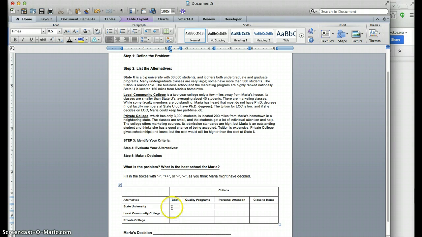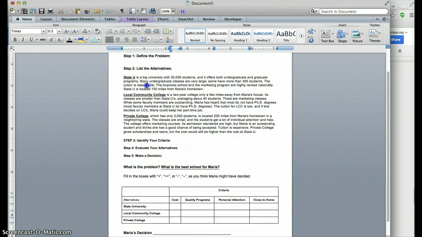Okay, so for state university, it says here that state university is a big university with 30,000 students, and it offers both undergraduate and graduate programs. Many undergraduate classes are very large. Some have more than 300 students. The tuition is reasonable.